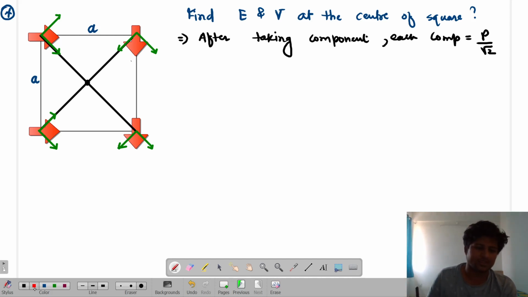So look over here. Due to these two, there will be two electric fields along this line, or not? First, from these, the electric field will be, let us type, first electric field will be E due to this, isn't it?